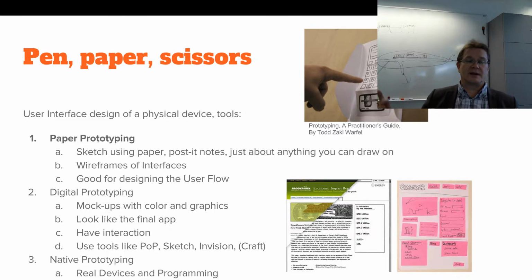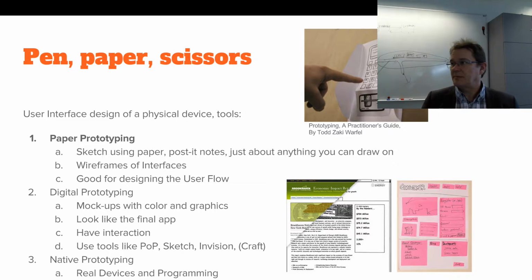colors and everything there. And there we have a list of some tools for that kind of thing, if you are planning a digital service like Pop, Sketch, InVision, Craft. There are plenty of good tools there to actually do the design or prototyping.